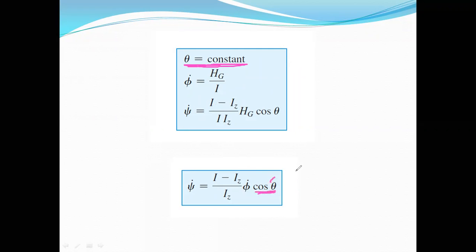And hg is the angular momentum about an axis passing through capital Z. We have already stated this is constant. Iy is also constant, so phi dot is also constant. Iz is also constant. Therefore, psi dot is also constant.